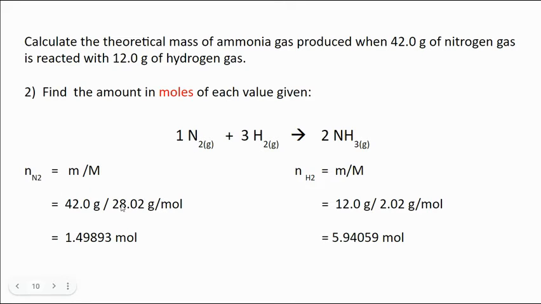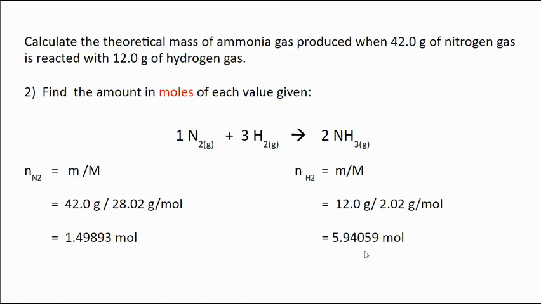So I've done 2 times 14.01 to get the molar mass. And then I'm going to do this again for hydrogen. I have H2, so 2 times 1.01. And then we'll divide. We're going to keep a whole bunch of digits. And at this point, you can see our amount is now changed from grams into moles.